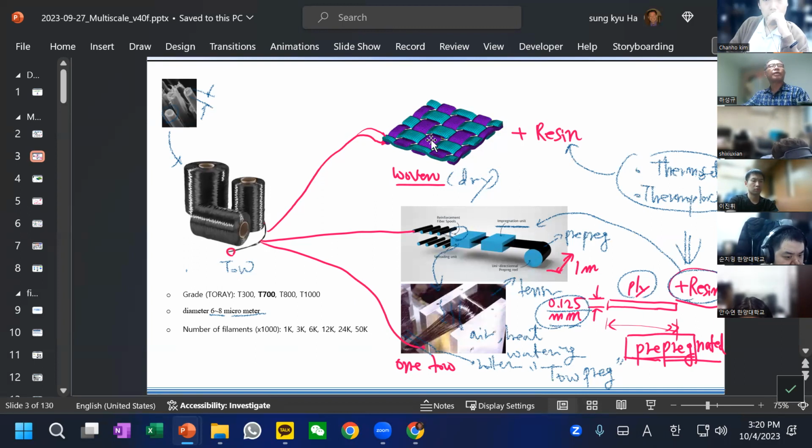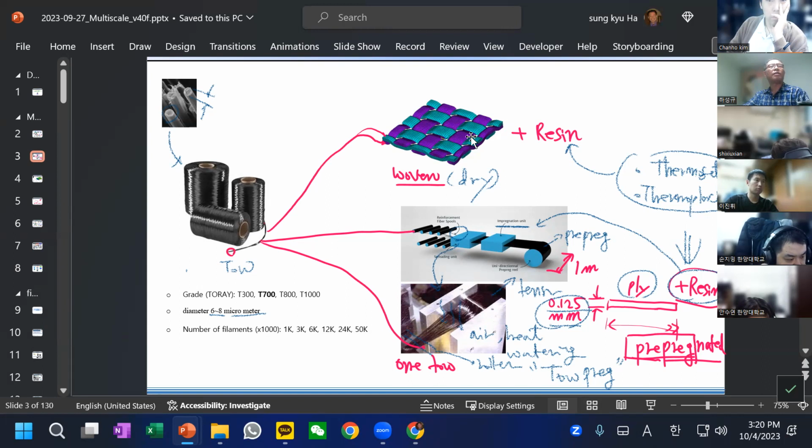Again, the biggest advantage of woven fabrics is that without the resin system, they can be a fabric, right? Because they interlock, they can be a dry fabric.